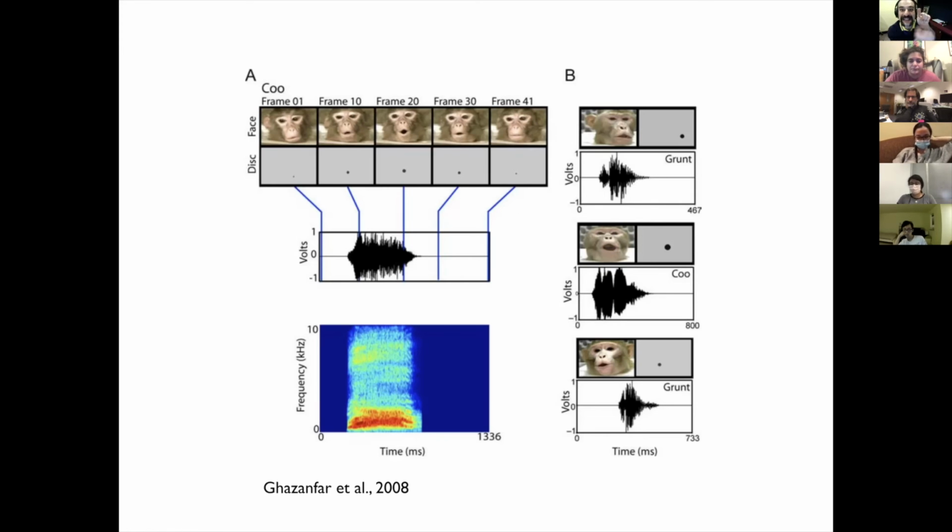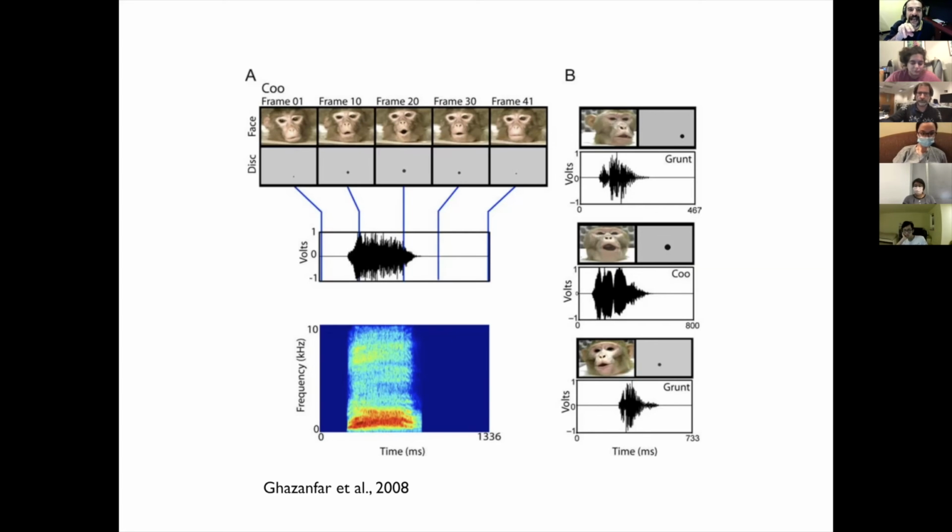So if you take a circle and adjust it to the inside of a mouth as the monkey makes that lip movement, the disc changes shape in a very specific way. It gets bigger, bigger, bigger, smaller, and it sort of moves up and moves down with the lips opening up and going down.